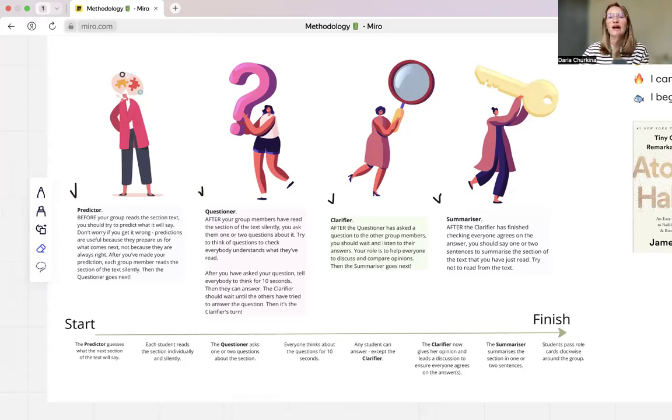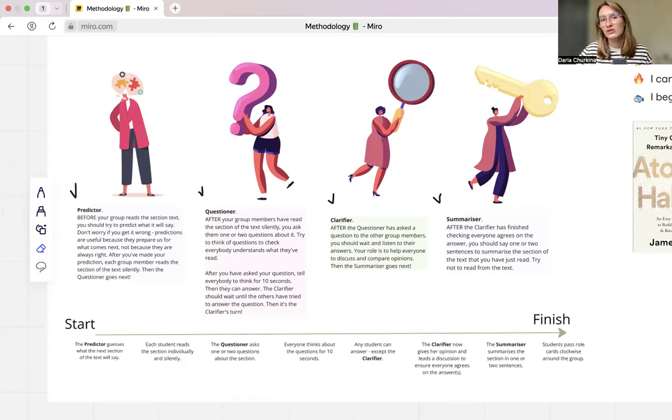Then the questioner creates some questions based on the text and asks their questions. Other class members answer the questions. Then the clarifier asks some follow-up questions, or the clarifier keeps silent while the discussion is going, and after the discussion is over, they may clarify certain points.